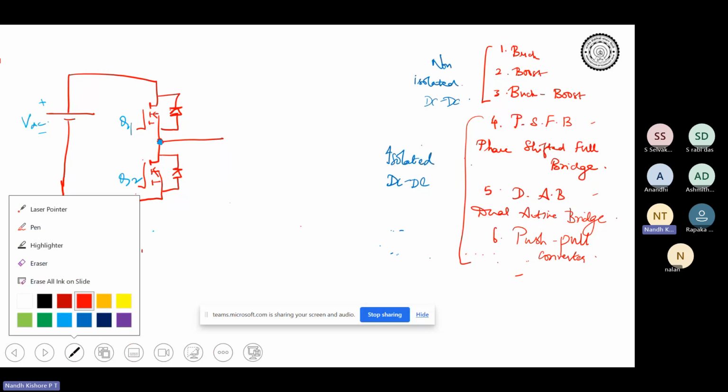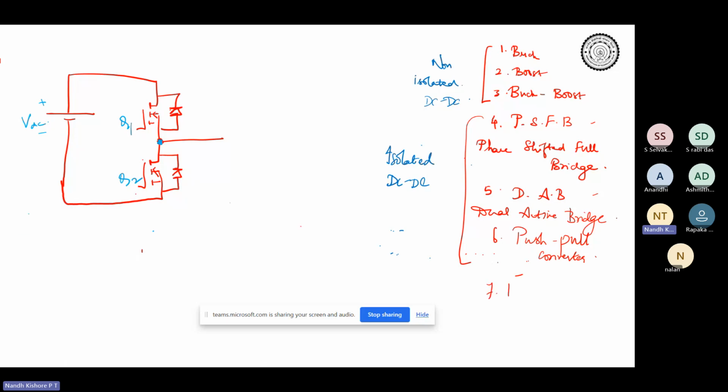If you take AC converters, or inverters as we call them, DC to AC converters, you have the half bridge inverter and then the full bridge inverter, or the voltage source inverter as we call it, full bridge VSI.